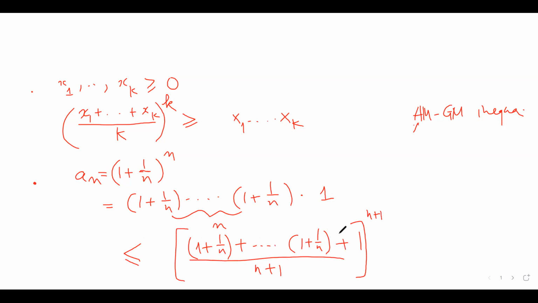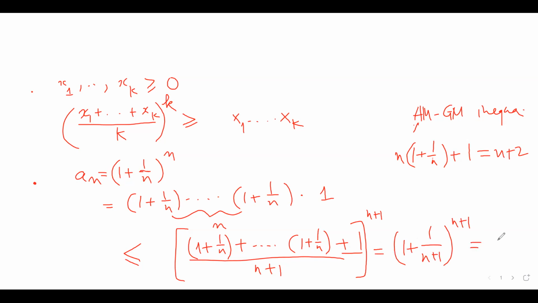But the top here is equal to, you have n numbers, right? And you have this 1 here, and you do the calculation, then this is exactly n plus 2. So this is n plus 2 over n plus 1, so that is exactly 1 plus 1 over n plus 1, raised to the power n plus 1, but this is exactly a_{n+1}.